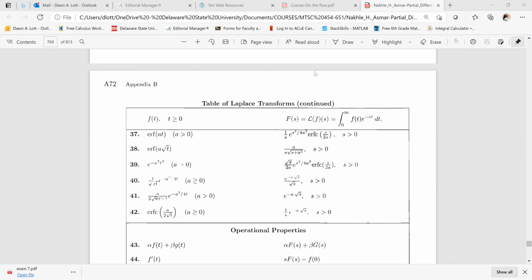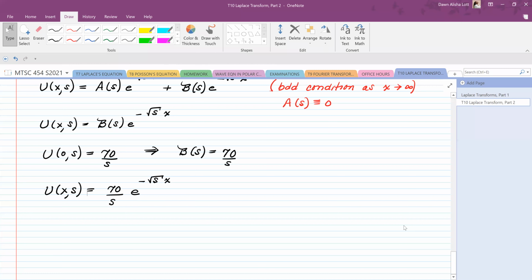I'm going to write it for you. So let's note to ourselves the Laplace transform of a over 2 times the square root of pi, t to the 3/2 power, e to the minus a squared over 4t, is equal to e to the minus a times the square root of s.